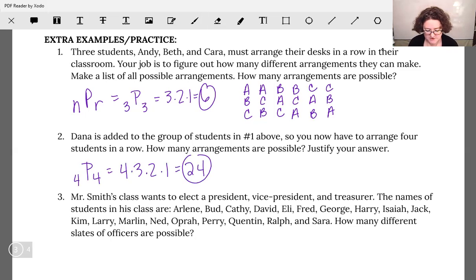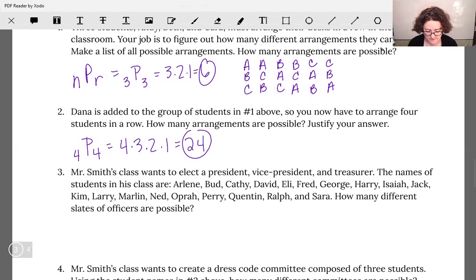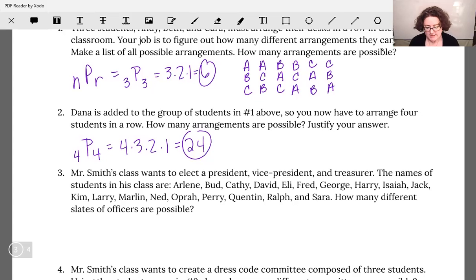Alrighty, number 3, Mr. Smith's class wants to elect president, vice president, and treasurer. So is order important or not? Specific offices, absolutely, order is important. So even though he listed out every single person's name, do we really need to map those out? We just need to use a permutation. So we have how many students?